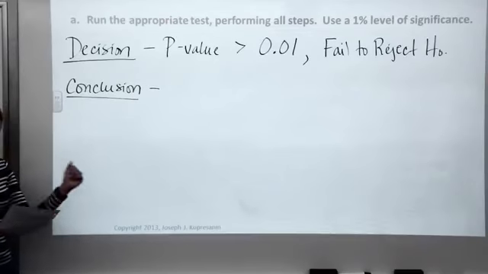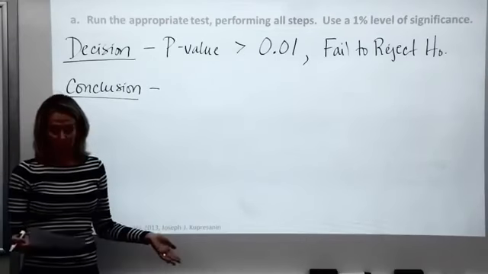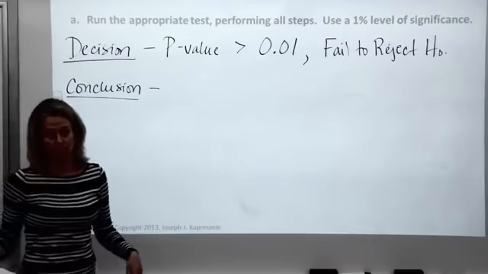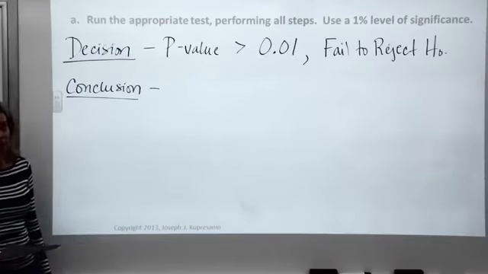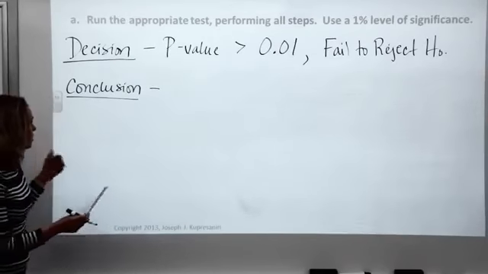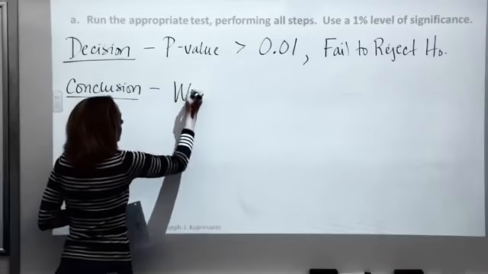All right, so conclusion, put it back in context here. We were looking to see if we could find evidence that at Cecil we had a higher proportion of students with a 3.0 grade point average. And you know what? We didn't find any evidence of that. So that's pretty much what we're going to say here.